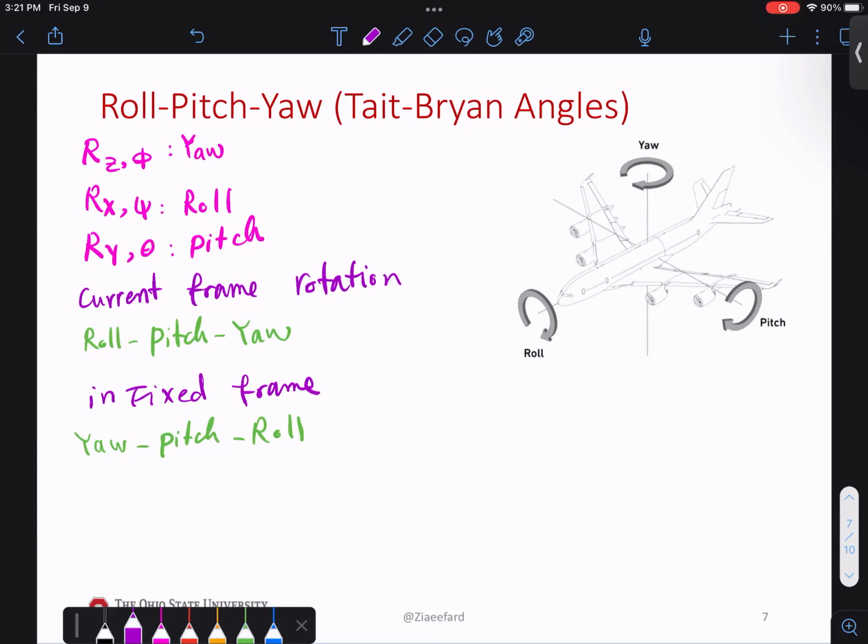So that's one combination in current frame, so they post multiply. Now, yaw pitch roll in fixed frame will be the same one, just backward. So it will give you the same rotation matrix again.